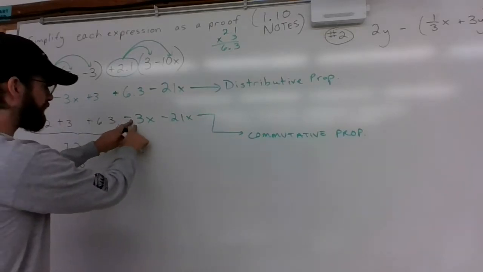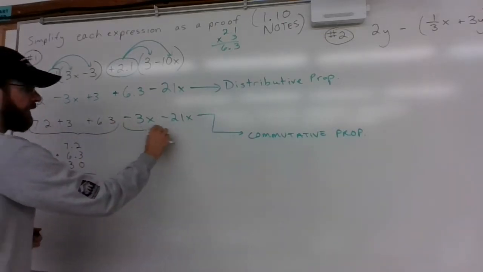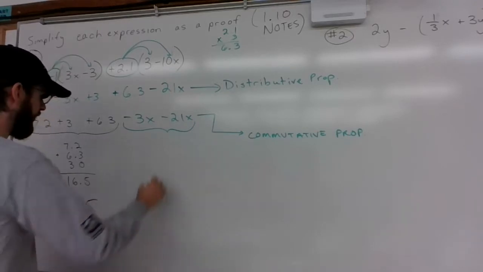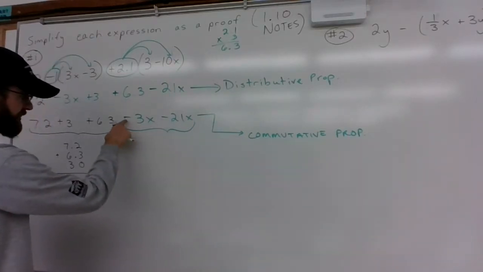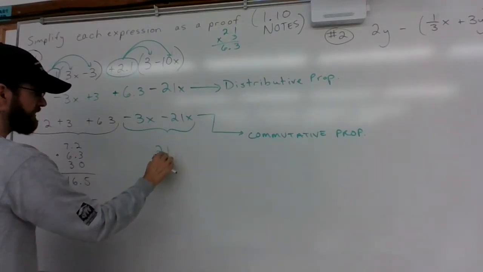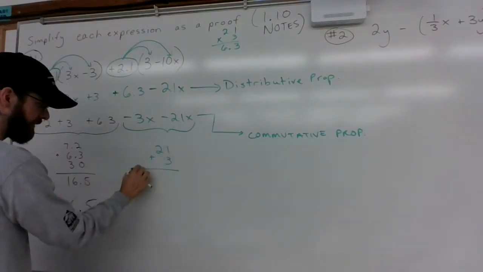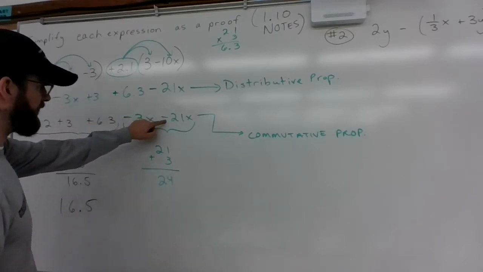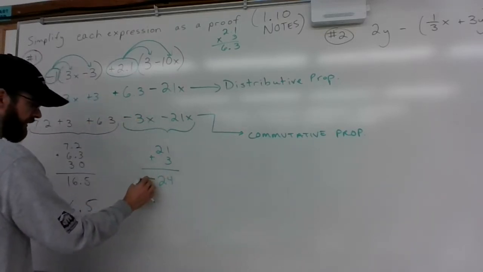And then negative 3 minus 21 is going to be negative 24x. Because if it's minus, minus, I am going to stack them and add. And because they were both negative, the end result will be negative.